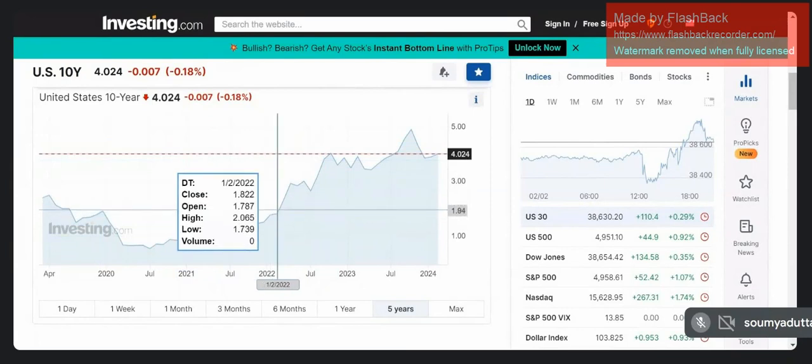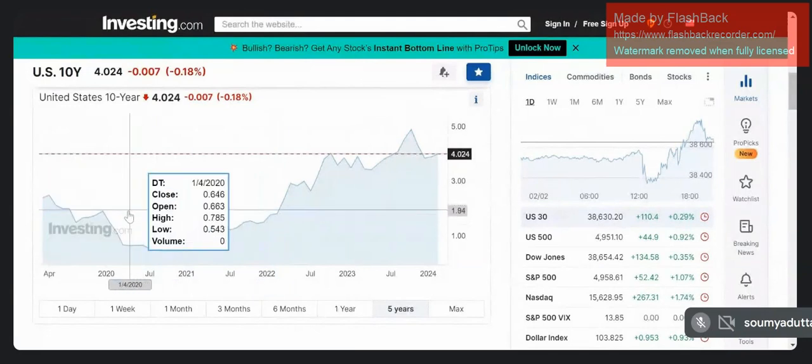And what happened was that when bond yields go up, commodity prices come down. Every commodity, is it? Every commodity. When bond yield goes up, commodities come down. So your copper prices, your iron ore prices, your aluminum prices all crashed.